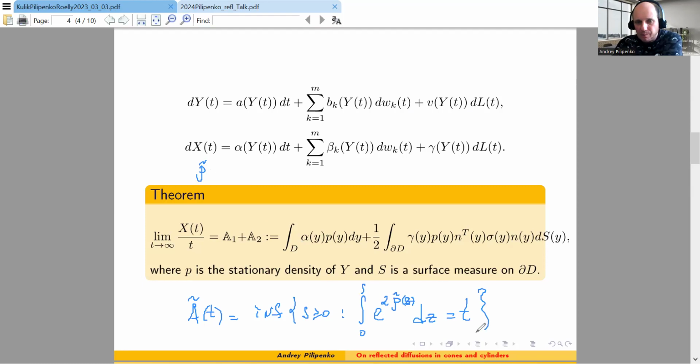And our process, the radius r of t, or X, was this, or excuse me, this logarithm of r was rho at this time, A tilde of t.